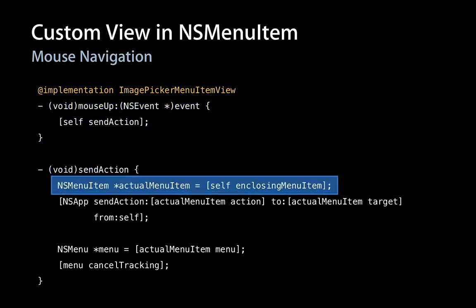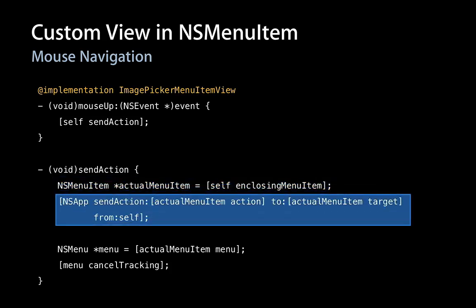And here's what we do when we send the action. There's a method on NSView called enclosingMenuItem. If you're associated with a menu item, and of course in this case we are, it'll return for you the menu item that you're associated with. And in this case, I call NSApp sendAction, and I actually get the action and the target that's already associated with the menu item that was wired up in Interface Builder, so I didn't have to do any additional work here.